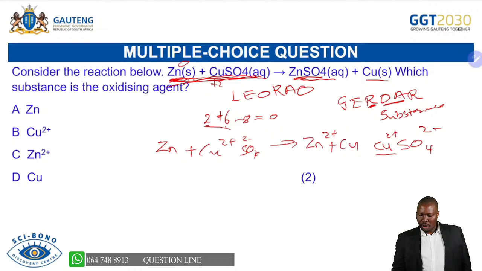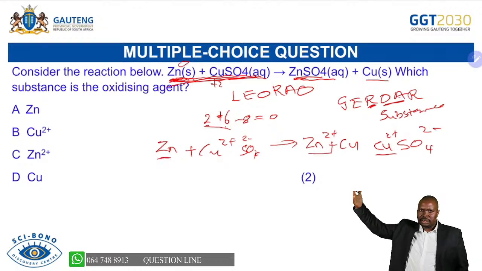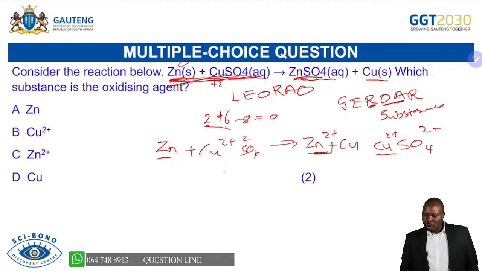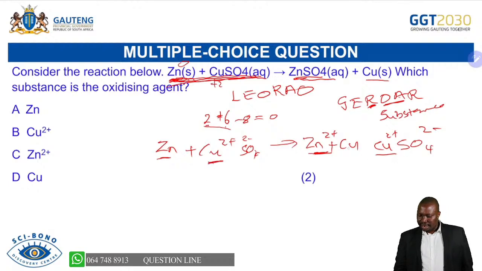So you are able to look at it this way to say, okay, what is happening to zinc? Zinc is undergoing oxidation. Remember, oxidation, we said it increases. So zinc is undergoing oxidation because it's increasing in oxidation number. But when you look at Cu2+, it's undergoing reduction. Why? Remember, here it was +2, but when it's on its own it is 0. From +2 to 0, that is a reduction.